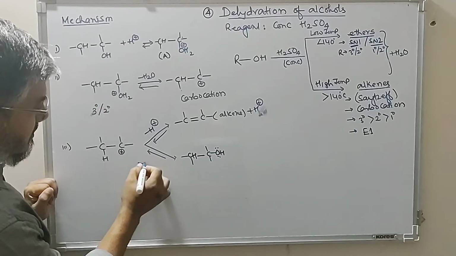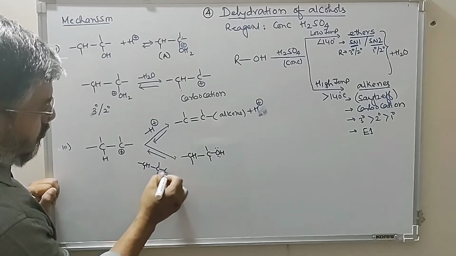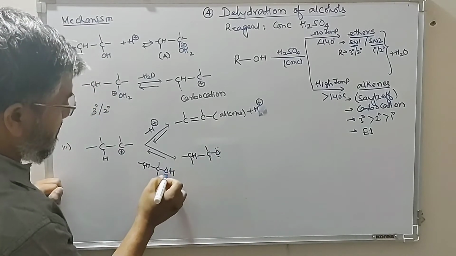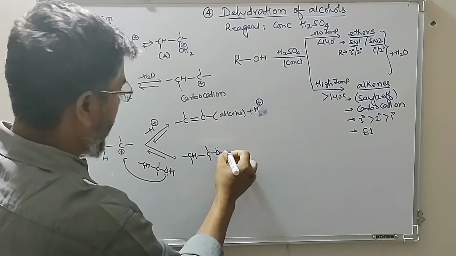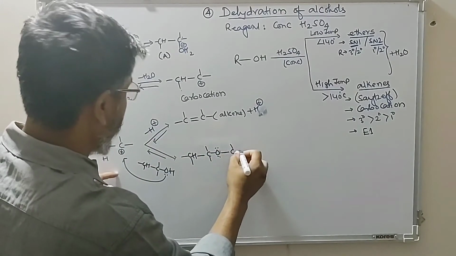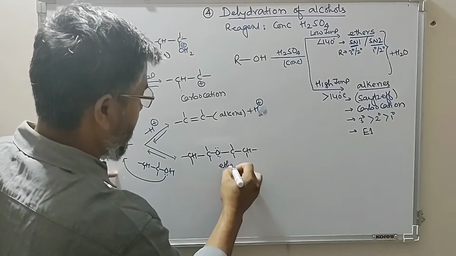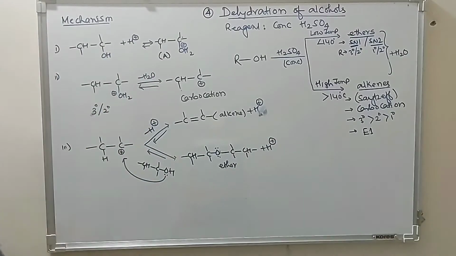If this reacts here, then this gives you ether, low temperature condition. So this is ether. Again there is a formation of H plus ion.